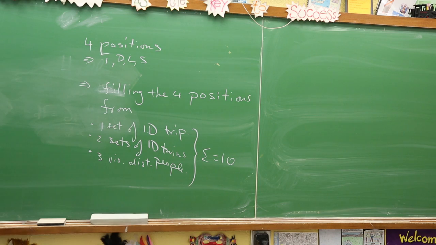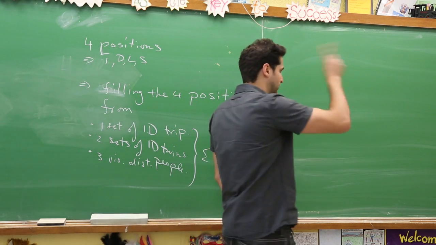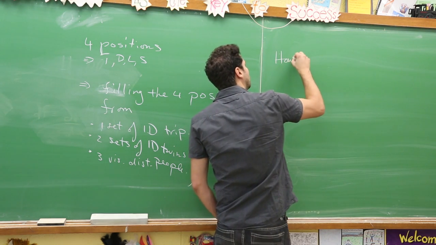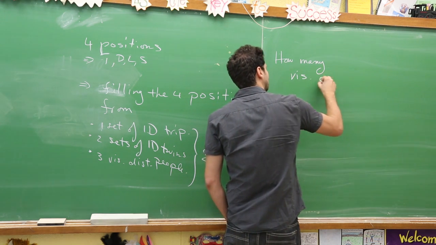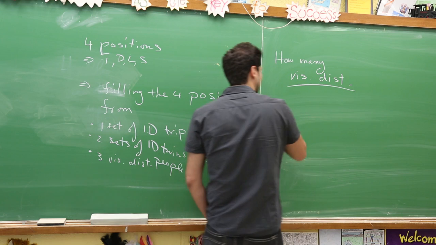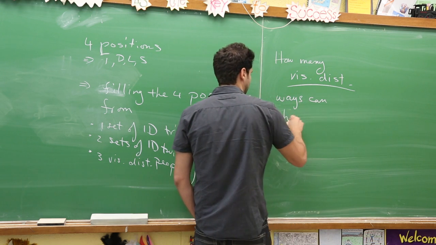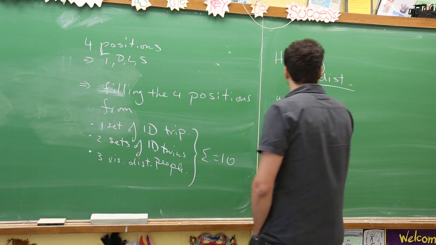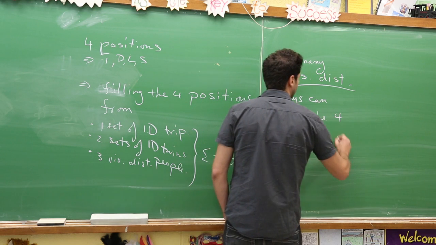Now, the name of the game here is how many visually distinguishable ways can the 4 positions be filled?